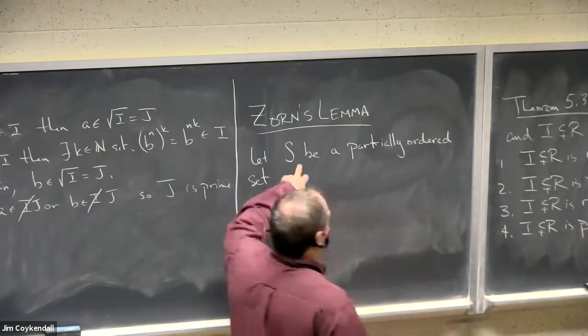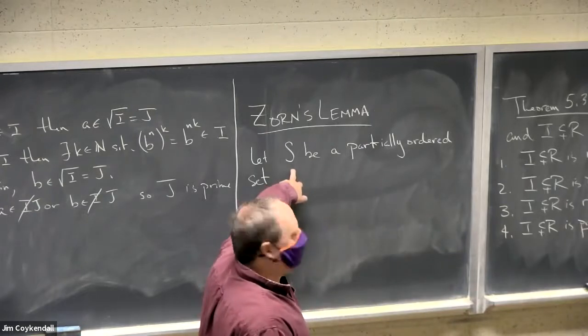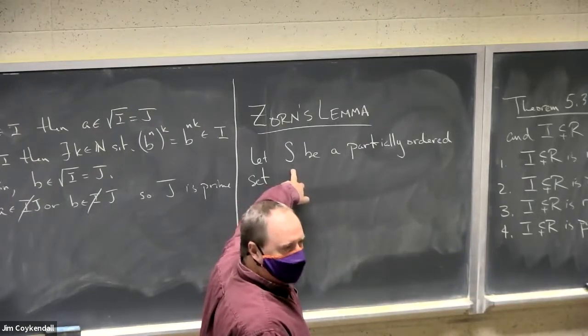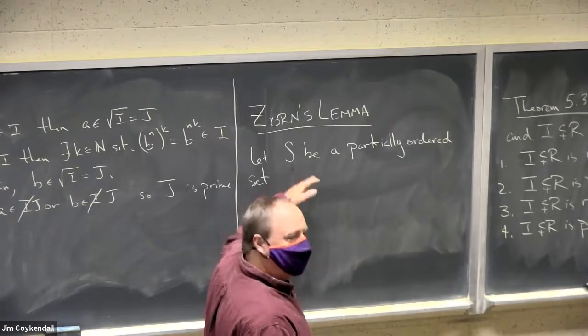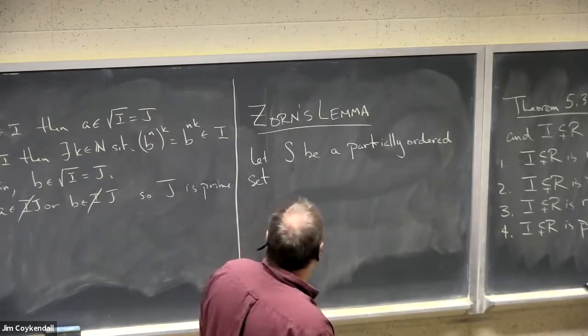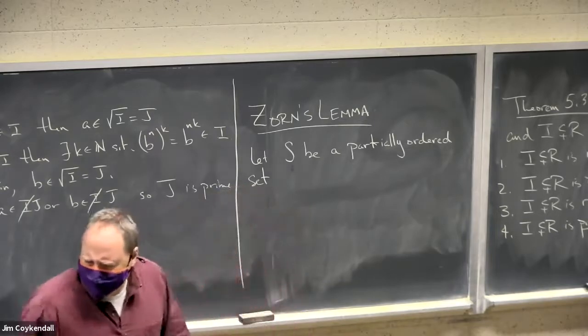So suppose you've got one of these things. A good example to keep in mind is the collection of subsets of a set, because some of them contain each other and some of them don't.